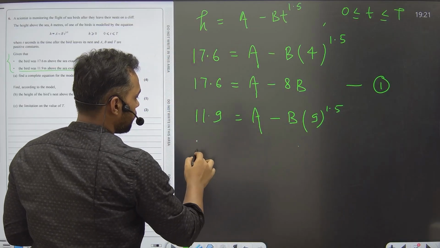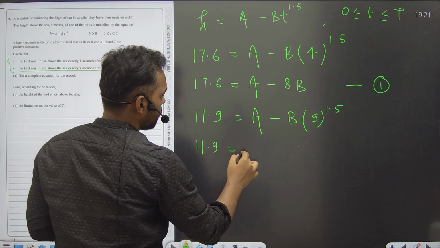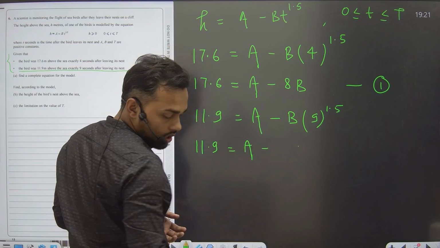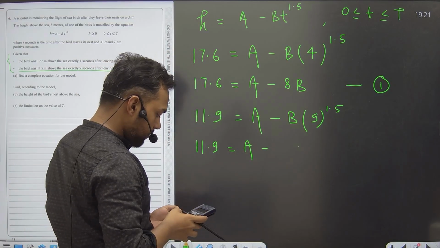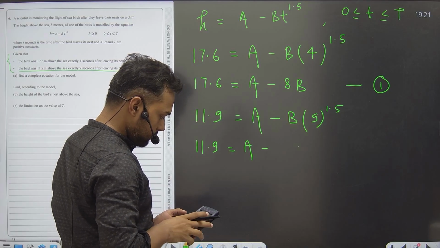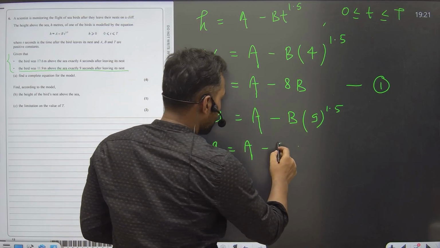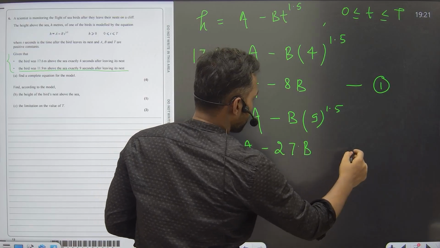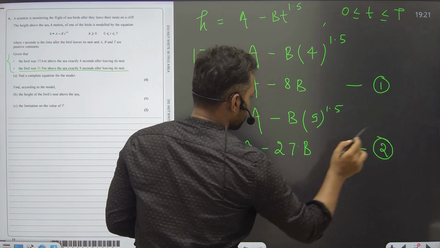Upon further calculation, students, 11.9 equals a minus b times 9 to the power 1.5, which will be 27. So 11.9 equals a minus 27b, this is the second equation.